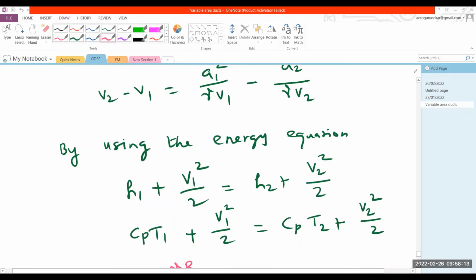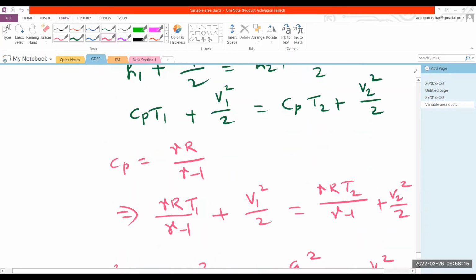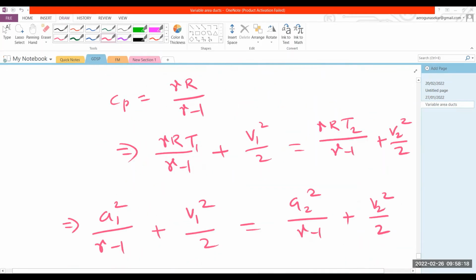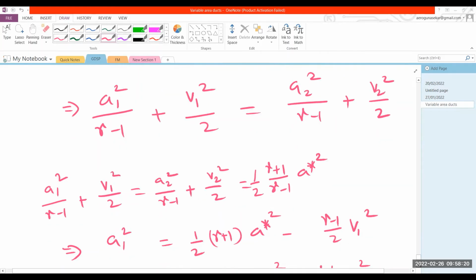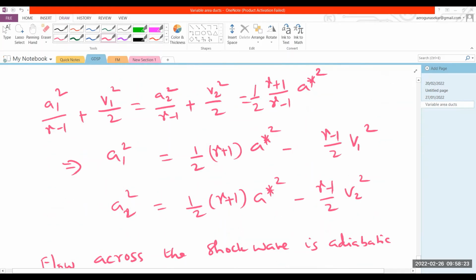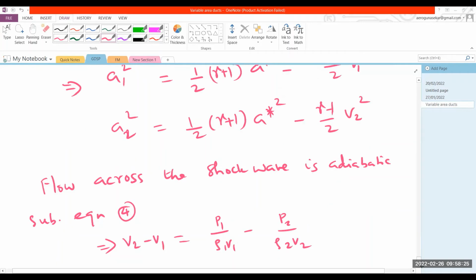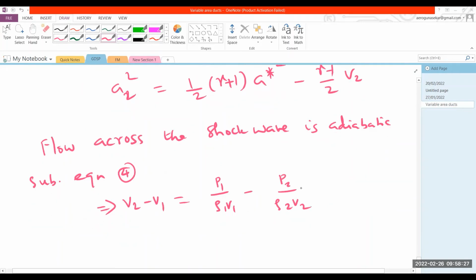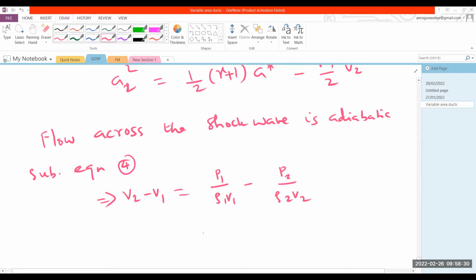In that equation we can substitute a1 square and a2 square. So I can write this as equal to a1 square by gamma minus a2 square by gamma, with v1 here and v2 here.